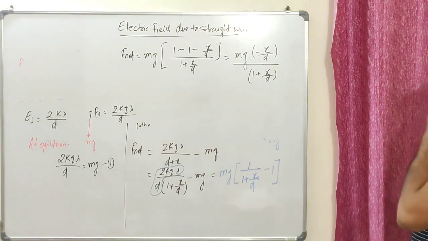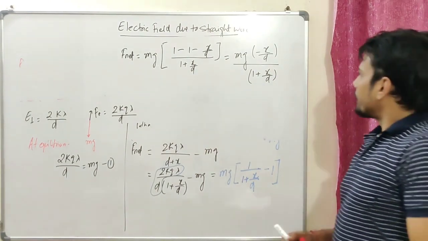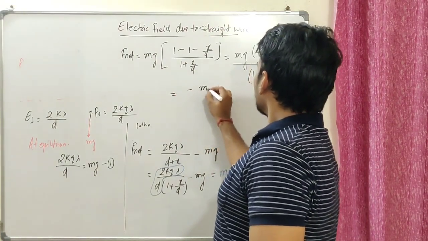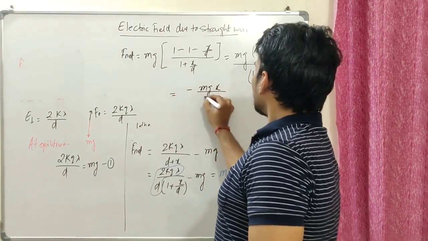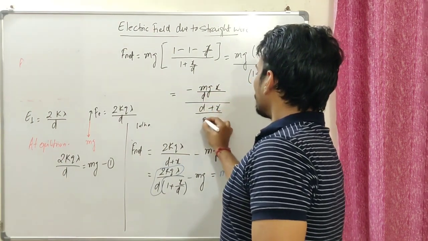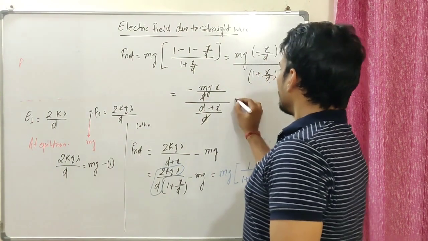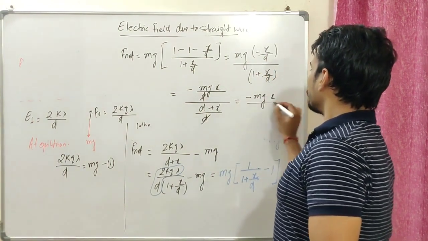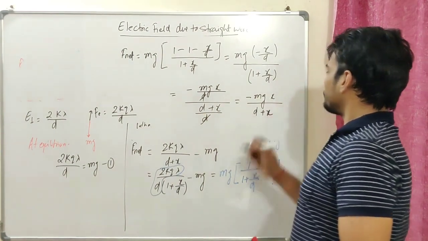Okay guys, what you can see over here, let's try and cancel the d. I'm going to have negative mgx by d over d plus x over d, which can be nullified, leaving me with negative mgx over d plus x, right?